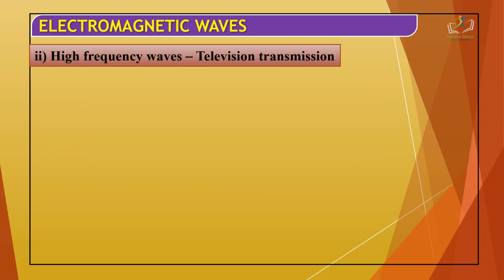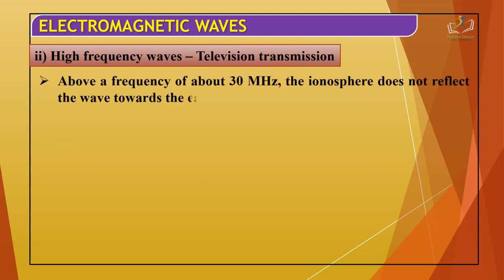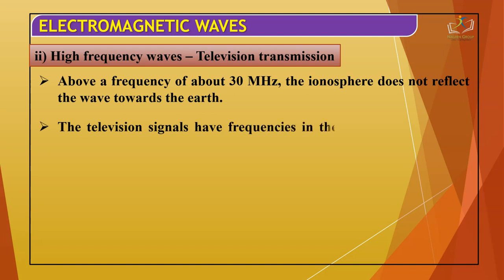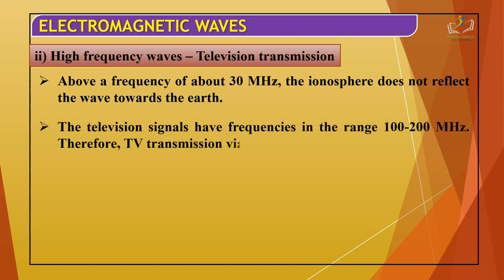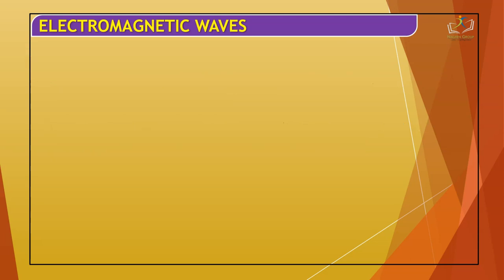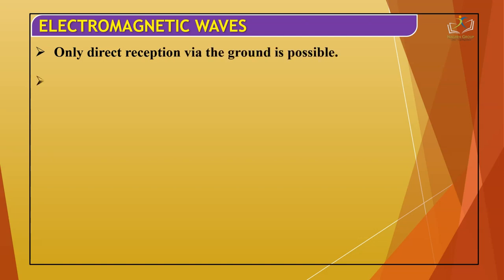High frequency waves, television transmission. Above the frequency of 30 megahertz, the ionosphere does not reflect the waves towards the earth. The television signals have a frequency range of 100 to 200 megahertz. Therefore, TV transmission via sky is not possible; only direct reception via the ground is possible.